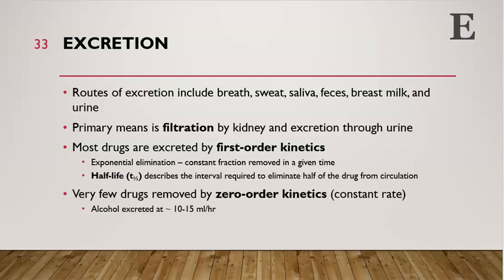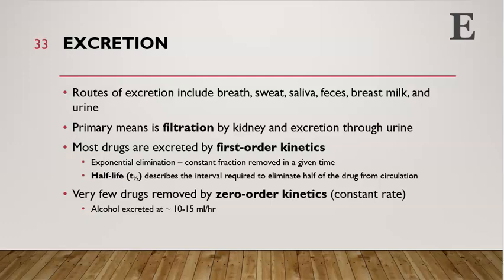So most drugs are excreted by what we call first-order kinetics. So this means that the drug leaves your system via half-life, or think of it as exponential elimination, okay? So it doesn't leave in a linear manner, it leaves in an exponential manner.